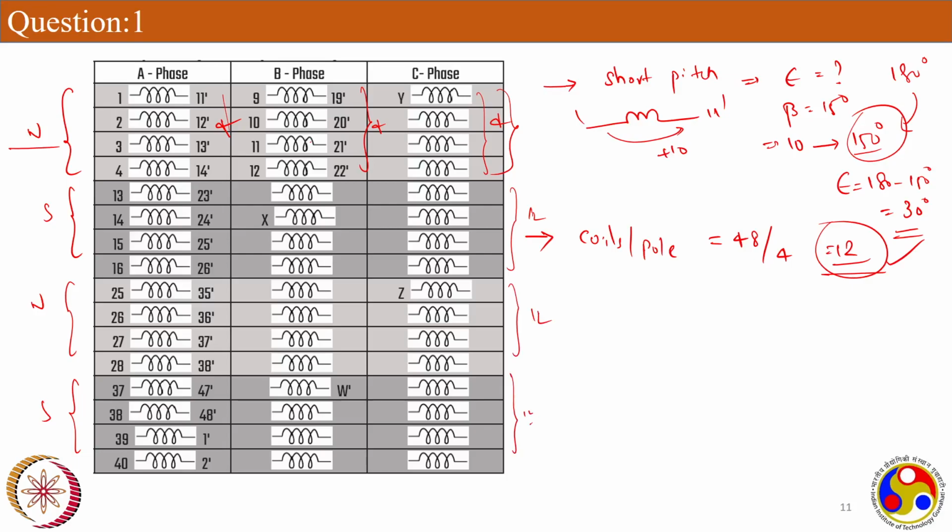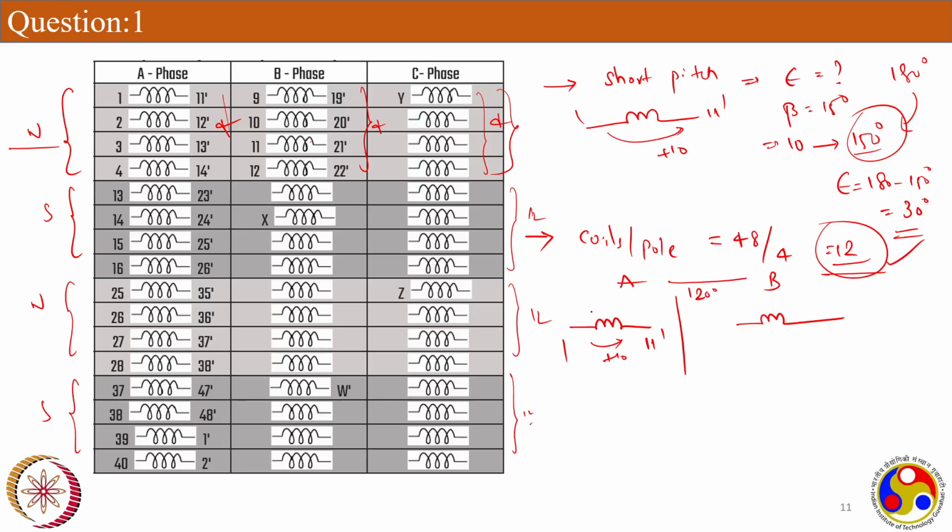Now, starting off B phase, it should be 120 degree displaced, right? We know that because we saw it in the RYB discussion before. Now A, B here, it starts at 1, it's ending at 11 because of short pitch, and A and B have a 120 degree displacement.